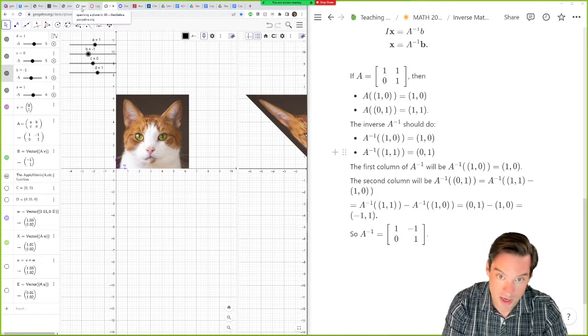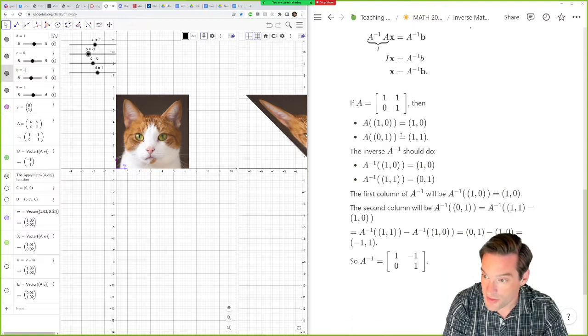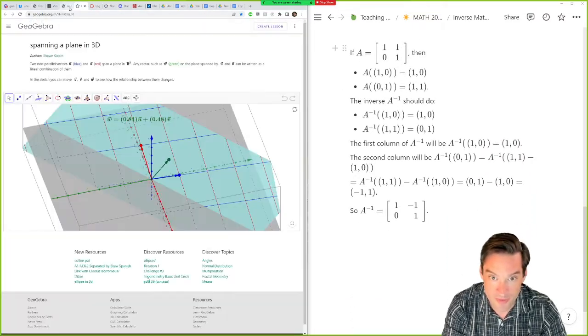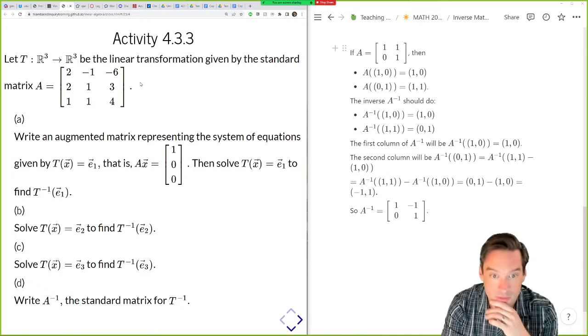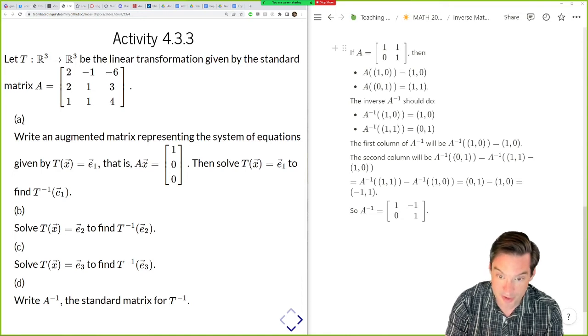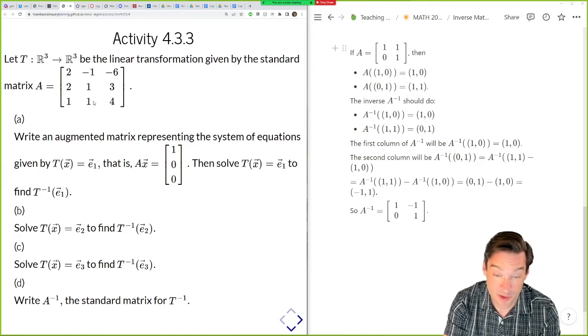So your job is to use this similar kind of logic and apply it to this 3 by 3 matrix right here. So the linear transformation from 3 space into 3 space given by this standard matrix. This is going to lead us through the process of figuring out what vector is getting sent to the first standard basis vector by this linear transformation, because that vector is going to be the first column of the standard matrix of the inverse.